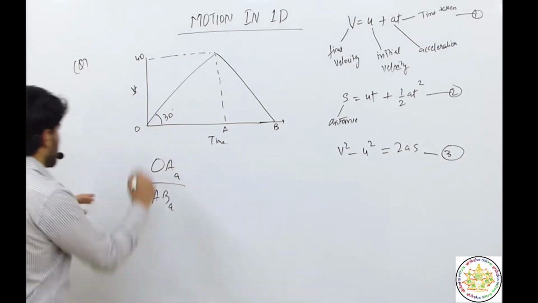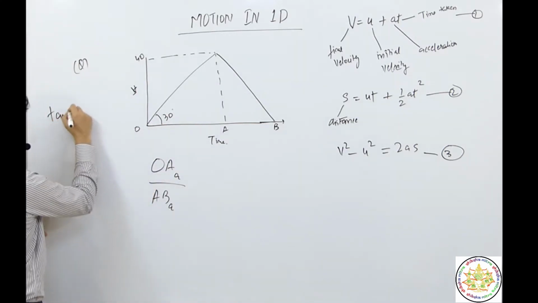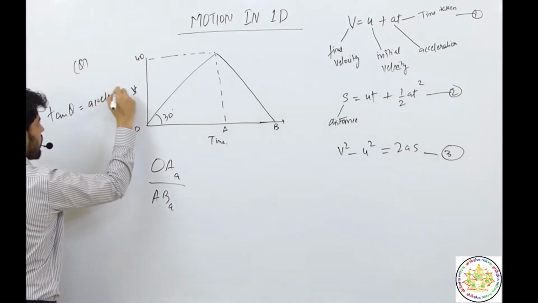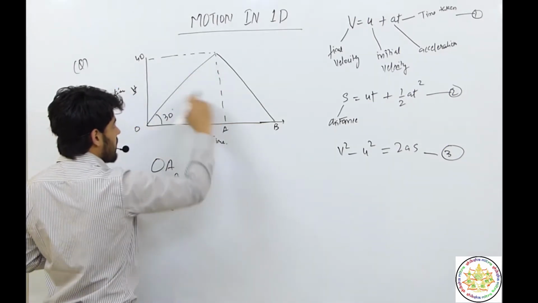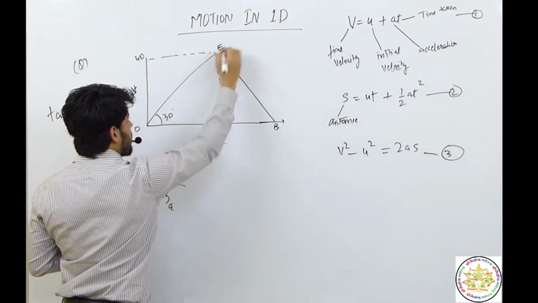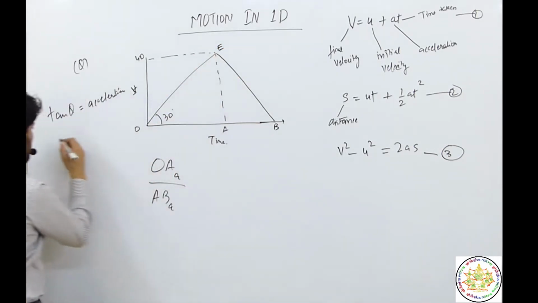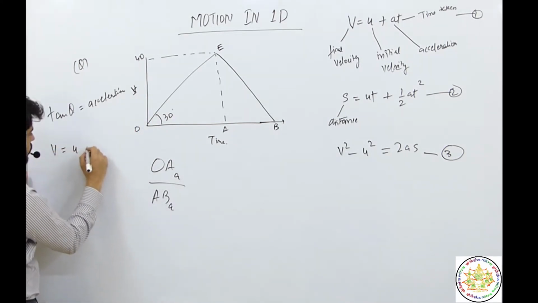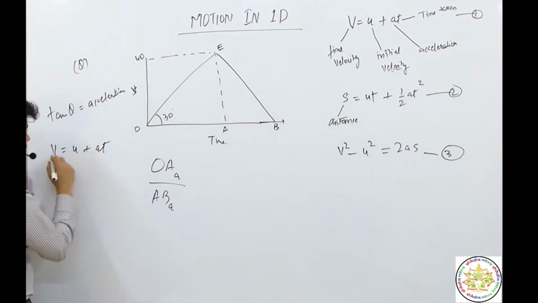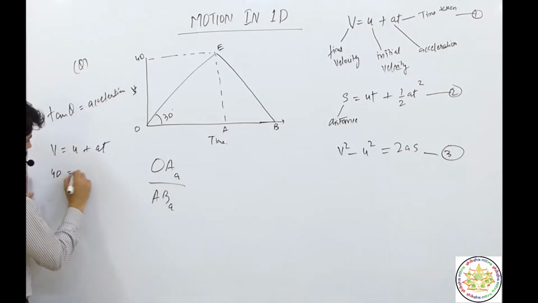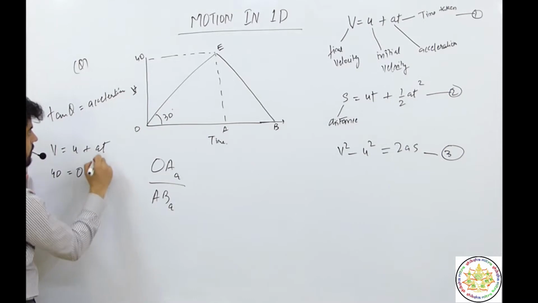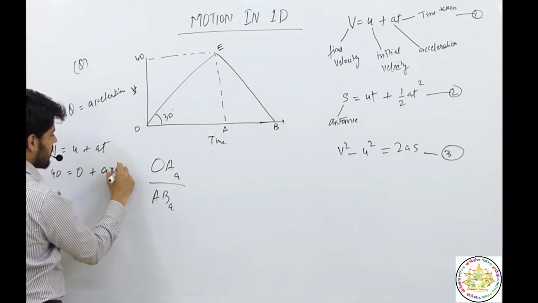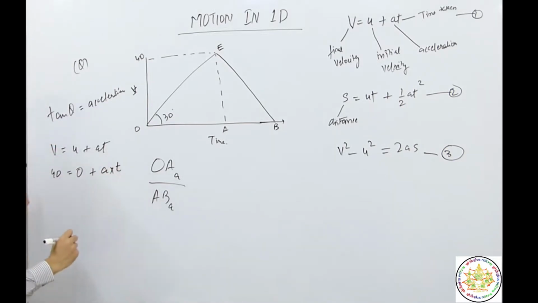Why is that? I'll show you. Tan theta gives the acceleration. Why? Consider the motion from 0 to A. Using the first equation, V equals U plus AT, the final velocity is 40, initial velocity is 0, acceleration is A, and T is the time taken.